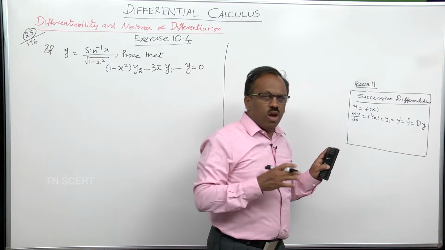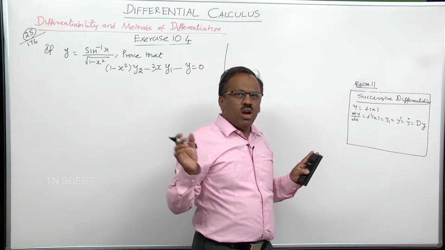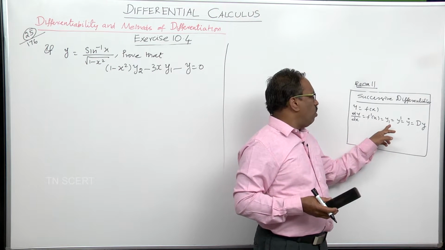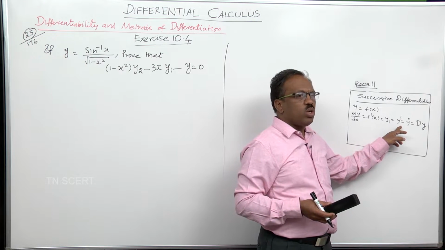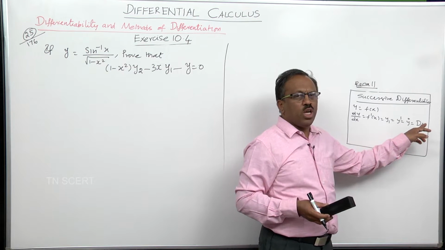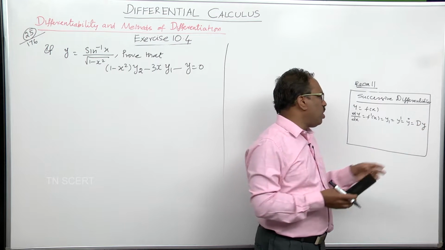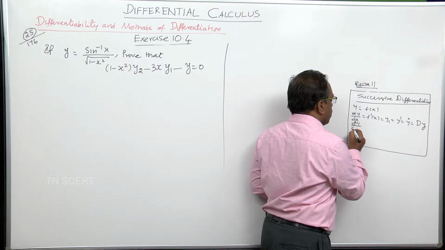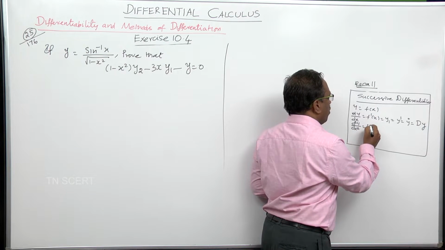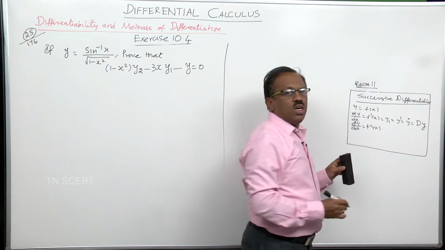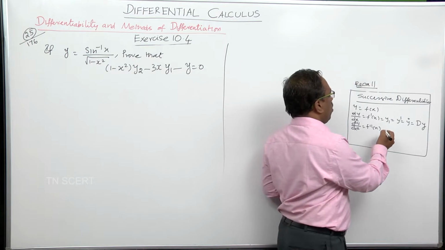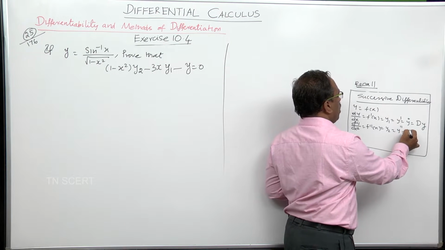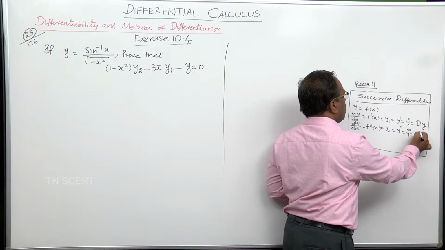We can give different names for derivatives: dy by dx, f dash of x, y suffix 1, y dash, capital D of y. And the second derivative: d square y by dx square, f double dash of x, y2, y double dash, and D square of y.